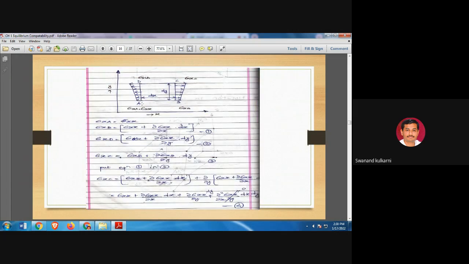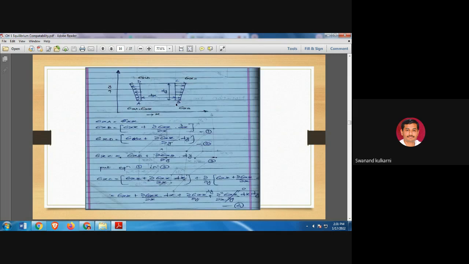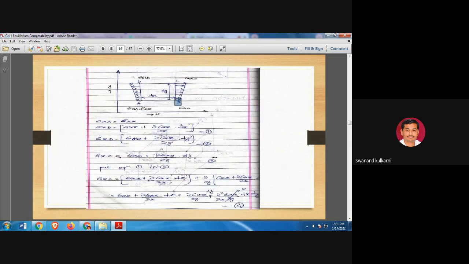So from this point A, at a distance dx. So dx is the small distance from the point A to point B. Then distance dy from B to C. Is it okay? So this is a reference point A, this is B, this is C, and this is D. All these 4 points are present here.